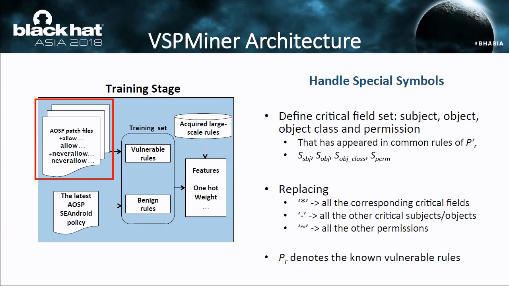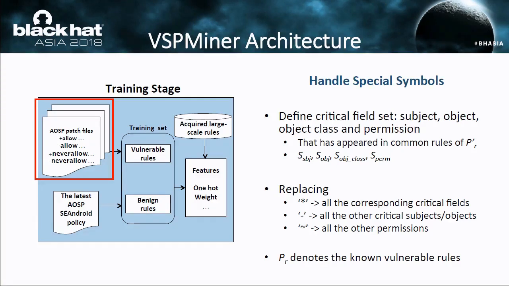To handle these special symbols, our strategy is to transform them into concrete rules. So we define some critical fields, such as the four fields like subject, object, and so on. The critical field is defined as one that appears in the PR prime, because in the common rules, that's part of the PR prime.